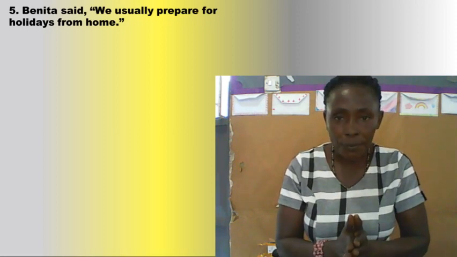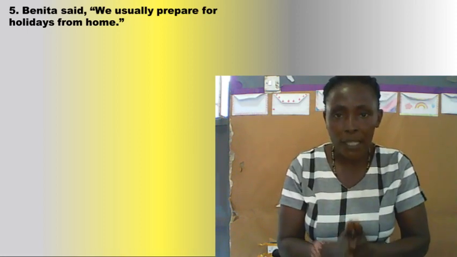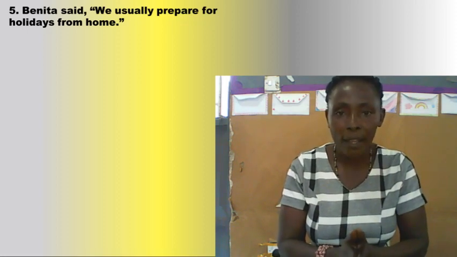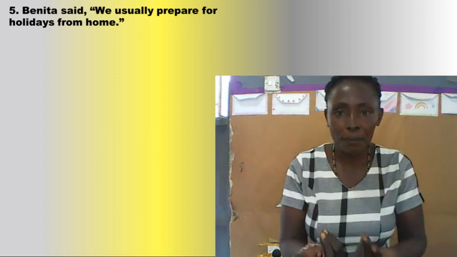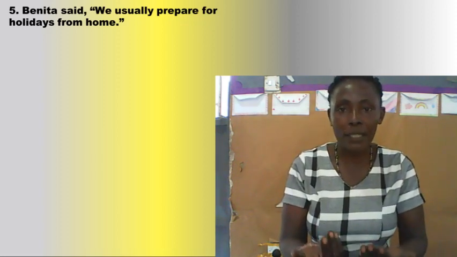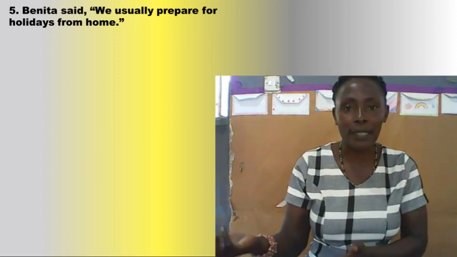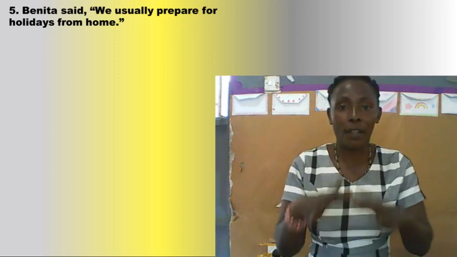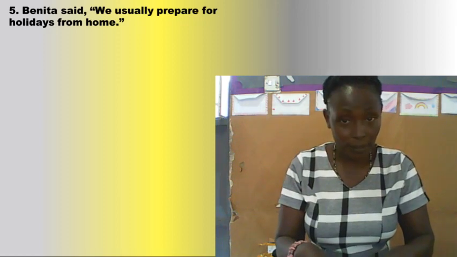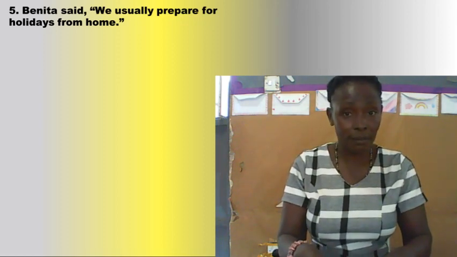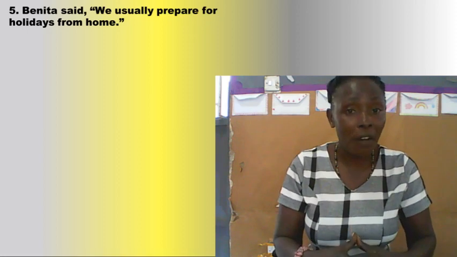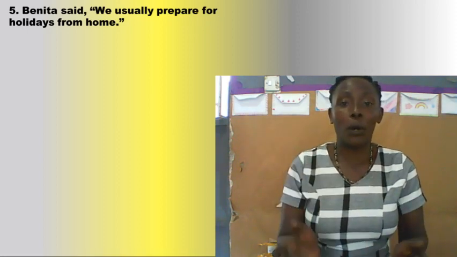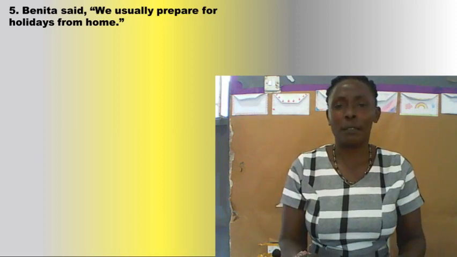Take a note of our speech tag, which is Benta. We have our pronoun, first person plural, we, which we must change to they, because Benta talked on behalf of other people who are at her home. So we have changed we to they. Our adverb usually remains. We have our main verb prepare, which must change to prepared. That's all. So what did Benta say?